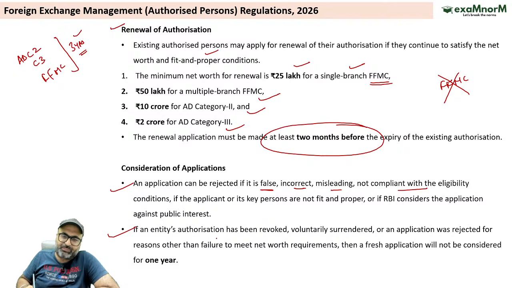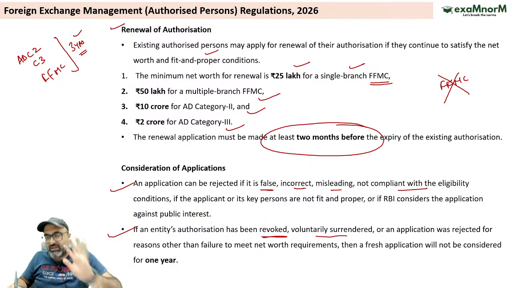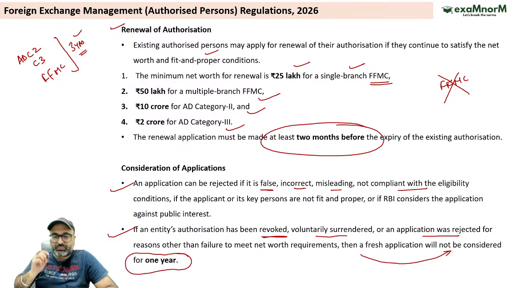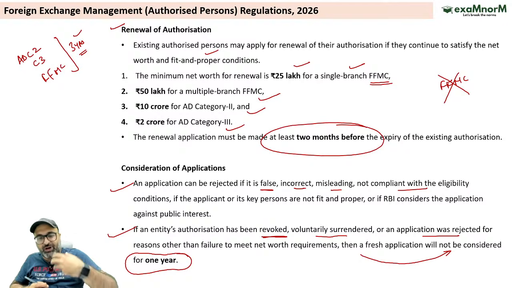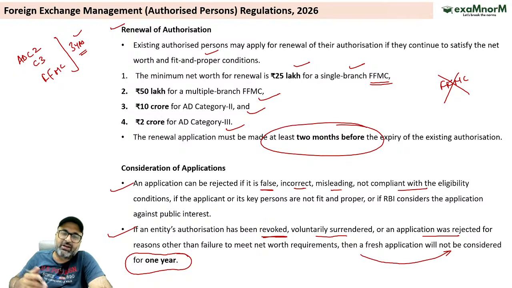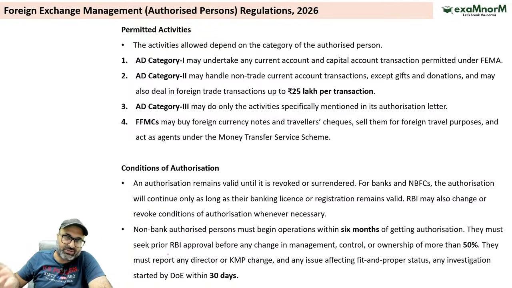If an entity's authorization has been revoked, मतलब हटा दिया RBI ने authorization, or you have voluntarily surrendered your authorization, or the application was rejected for the renewal purpose, then you will not be allowed to apply for a new license for at least 1 year. तो एक साल आपको ब्रेक लेना होगा. After 1 year only you can come back and apply for the authorization.